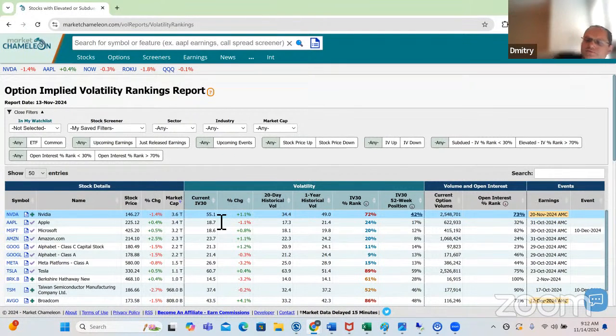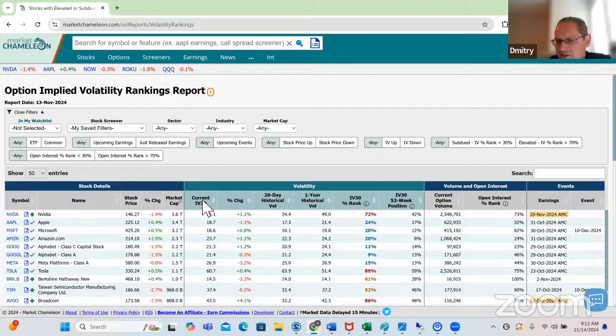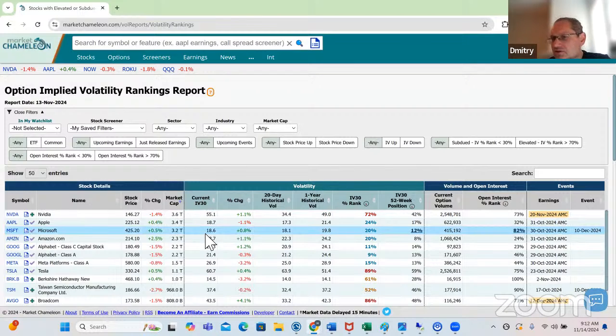And you could create these benchmarks, and there's certain standards, just like the IV30, it's kind of an industry standard to look at the 30-day constant maturity. And that's because historically, before we had weekly options and dailies, the expirations were based on monthly expirations, 30 days.